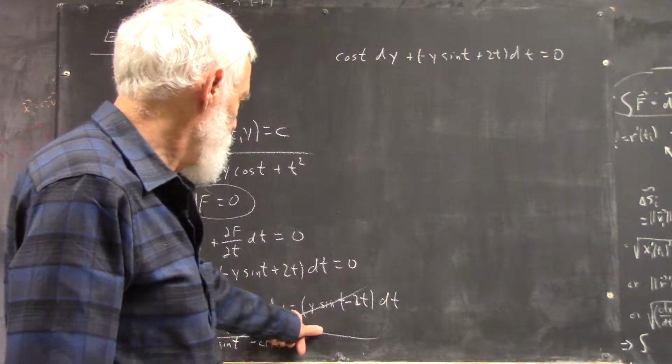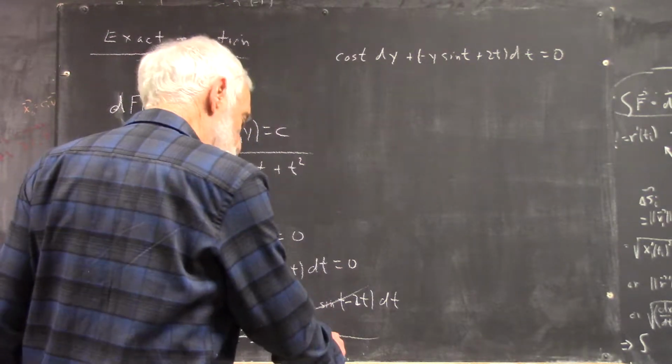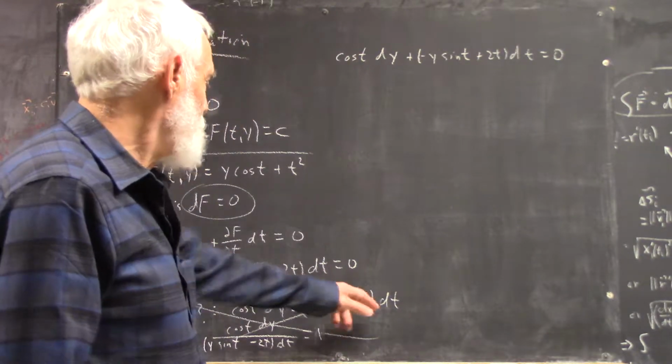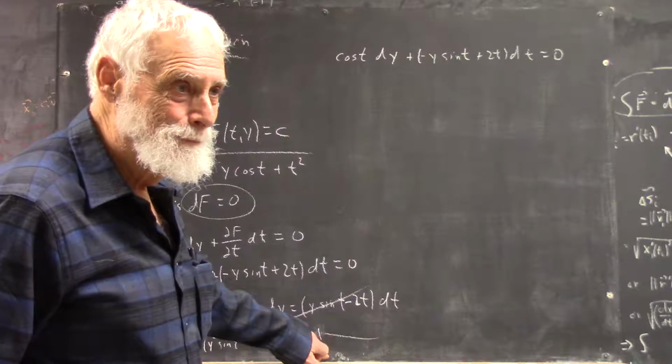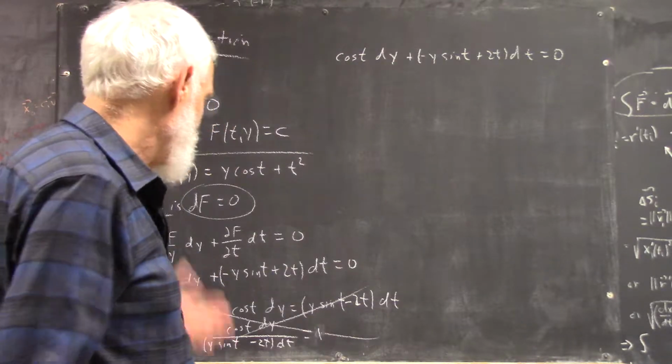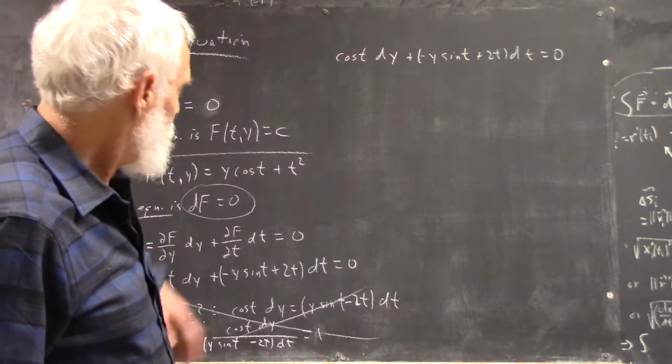This would equal 1, not 0. If I divide both sides by this, I don't get 0 over here, do I? So I was just stupid there.